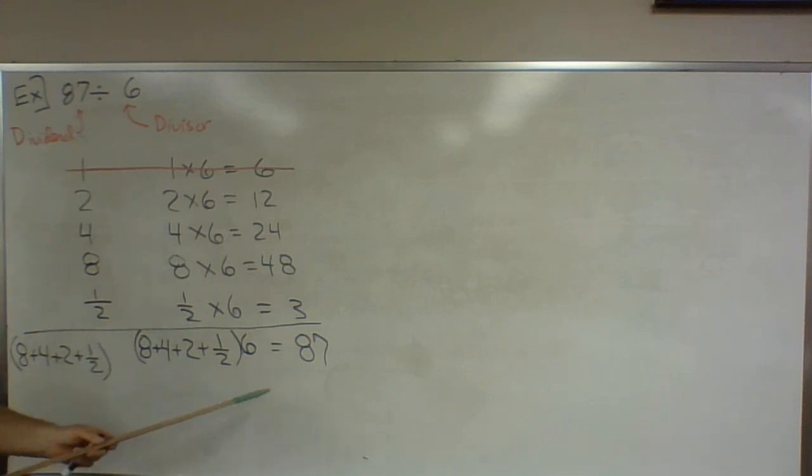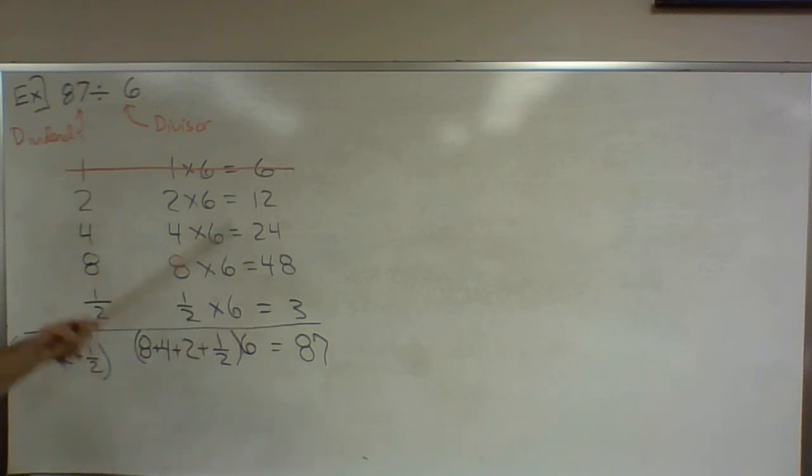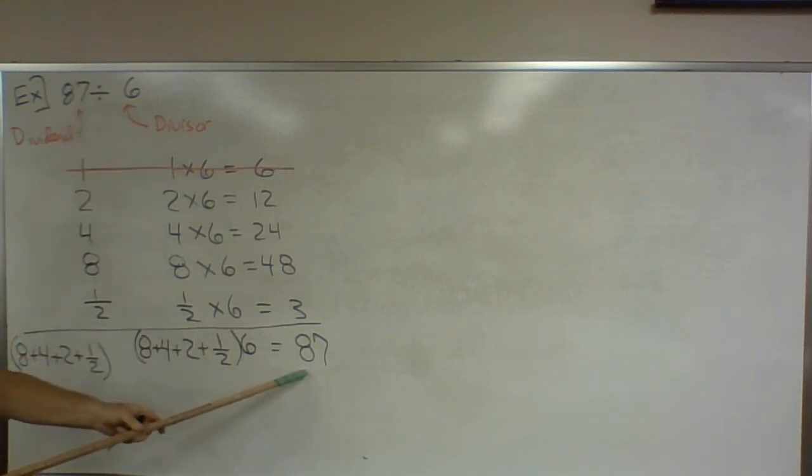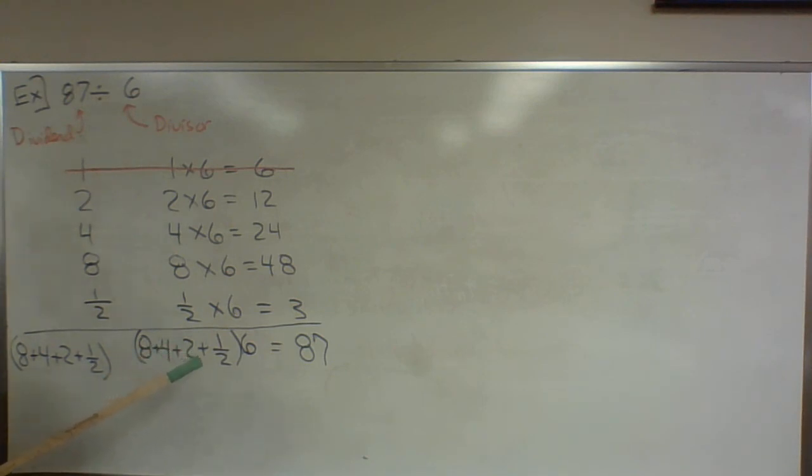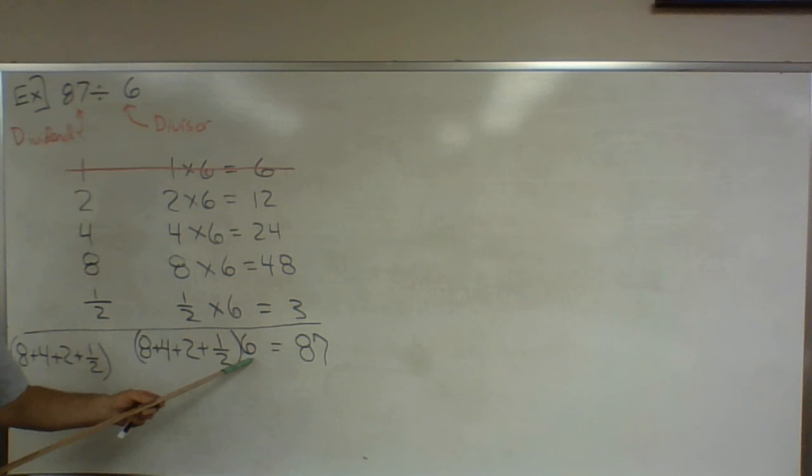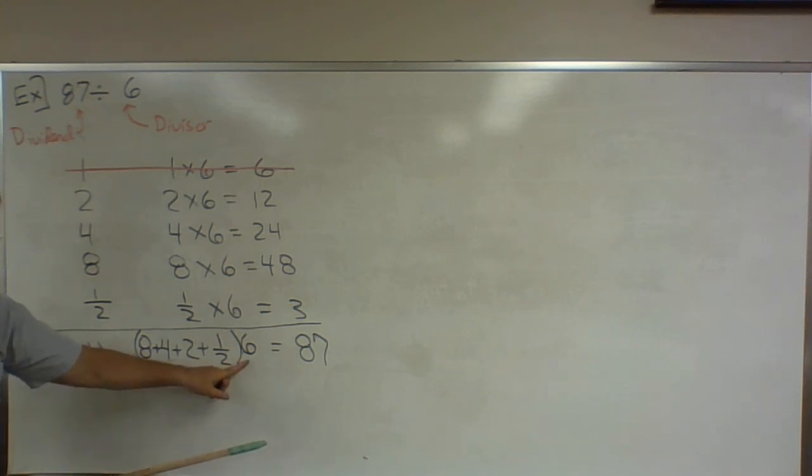There we go. We've taken the dividend, 87, and we've decomposed it into distinct powers of 2 times the divisor. And here we factor out the divisor.